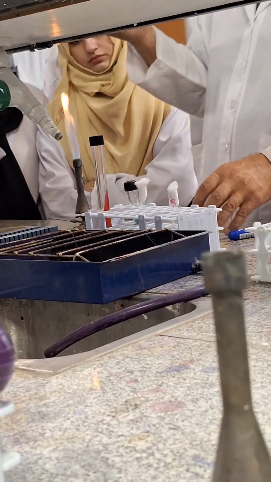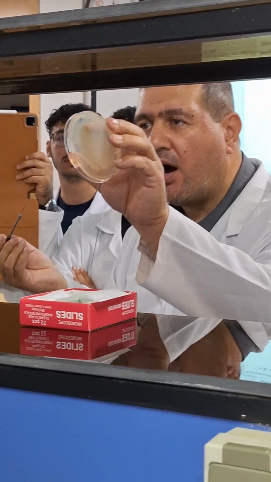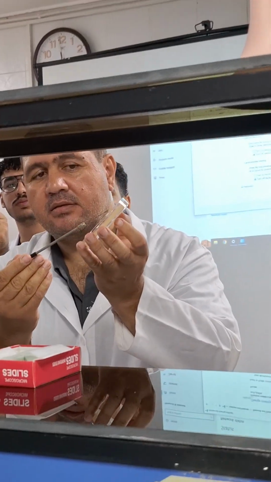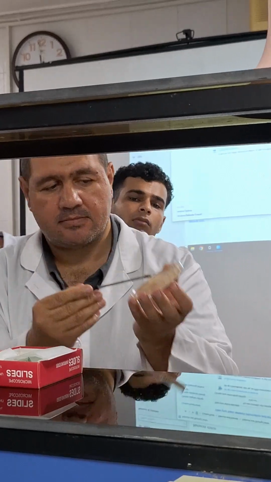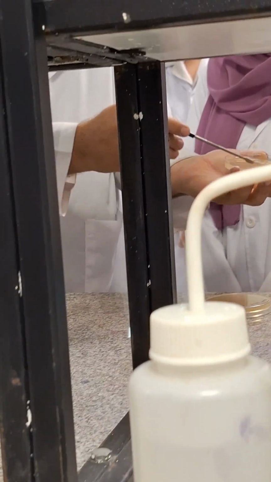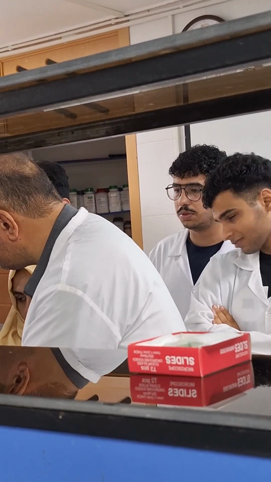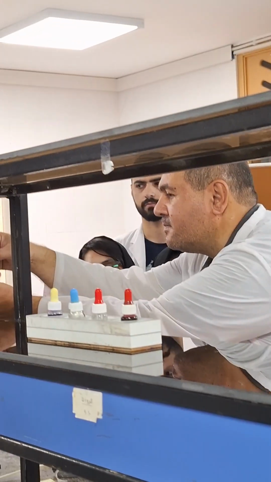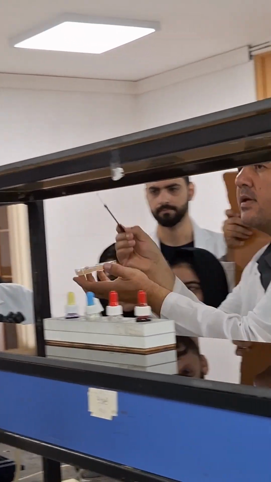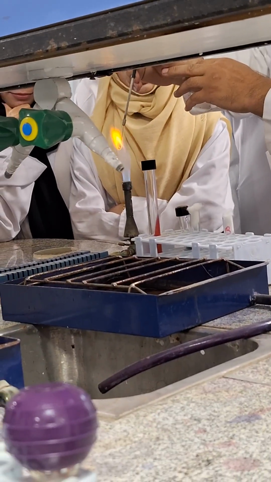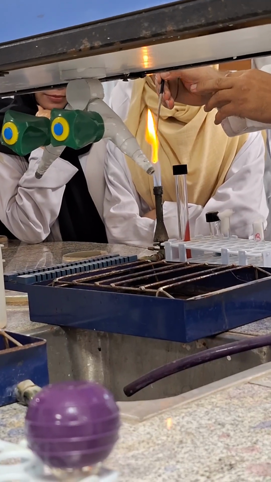Then place your loop in the center of part A and spread out over all of part A. Clear? After that, sterilize your loop again.